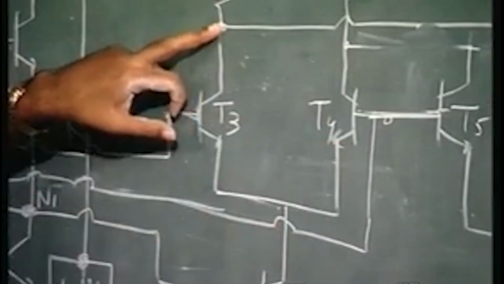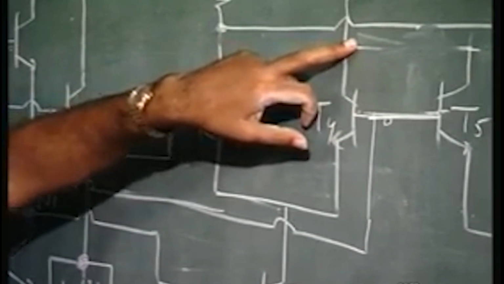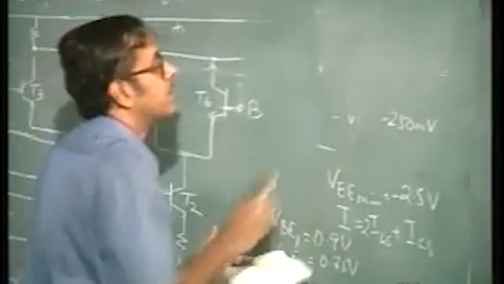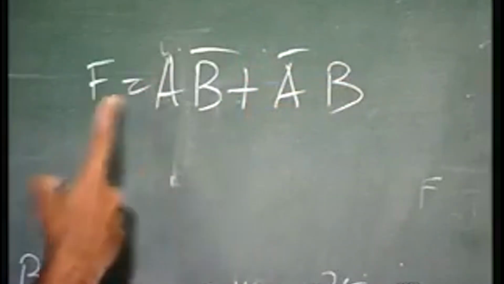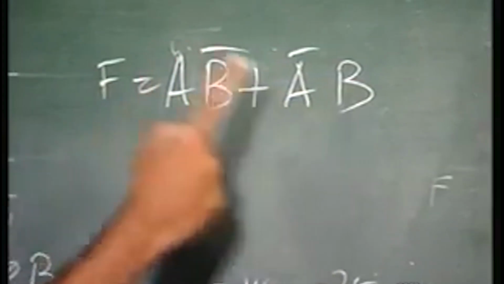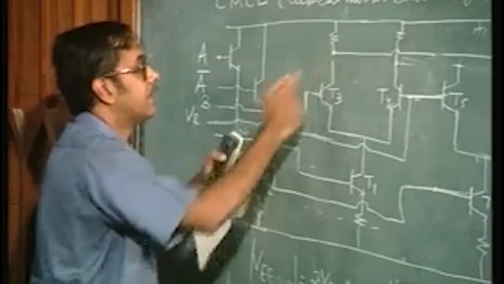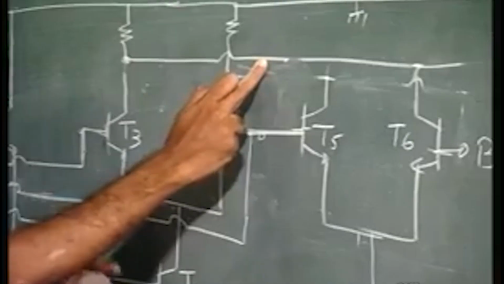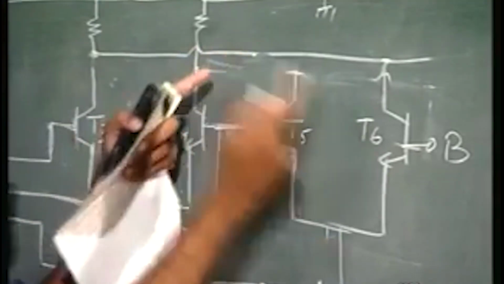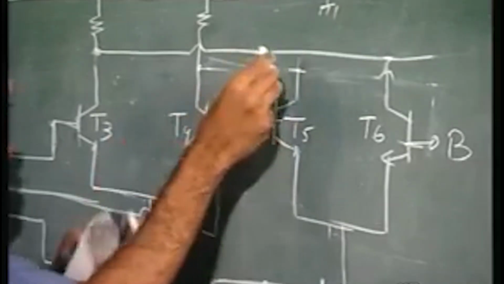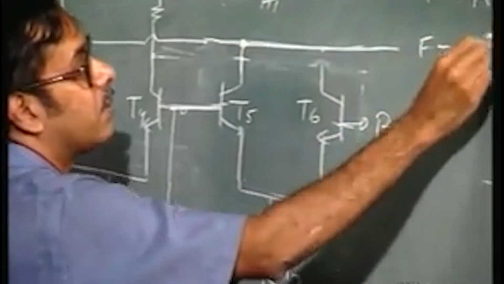So, this corresponds just like an ECL gate, this corresponds to the B bar NOR output, and this corresponds to B. So, exclusive OR, F is equal to A B bar plus A bar B. When A is high, F is B bar, when A is low, F is B. So, when A is high, this part is on, this is B bar, and when A is low, then this circuit is on, the output should be B. Where do you get it? This is B, you get B here, isn't it?